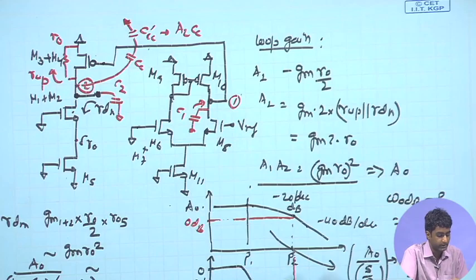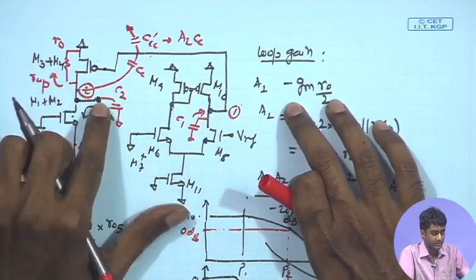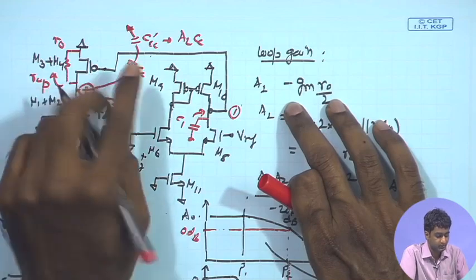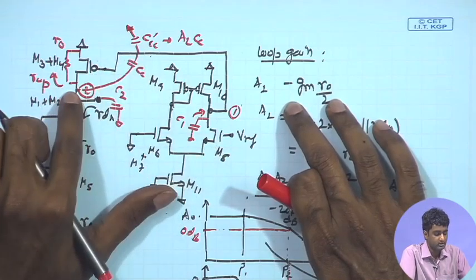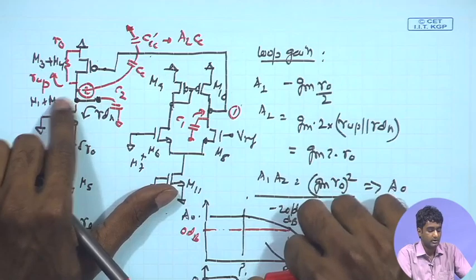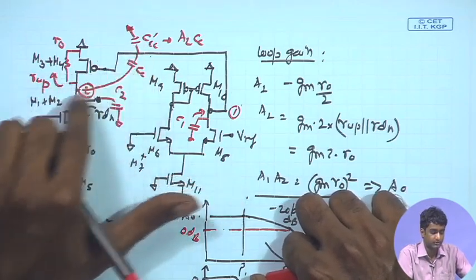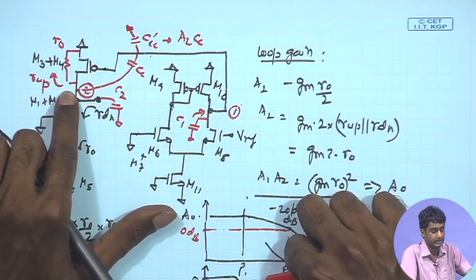So, this C2 is the equivalent capacitance coming because of the other transistors' parasitics as well, but because you place CC, this node will also experience another capacitive component which is close to CC, because the reverse measure factor from this point to this point will be close to unity.